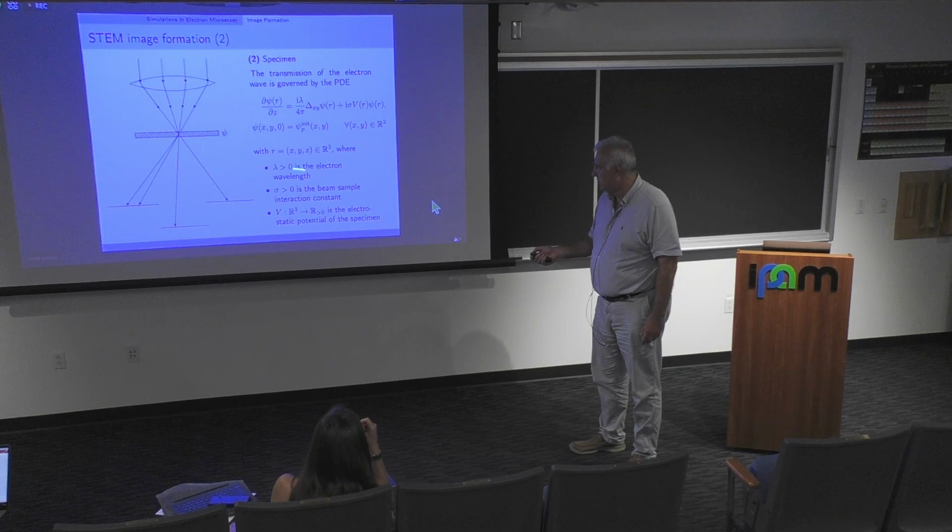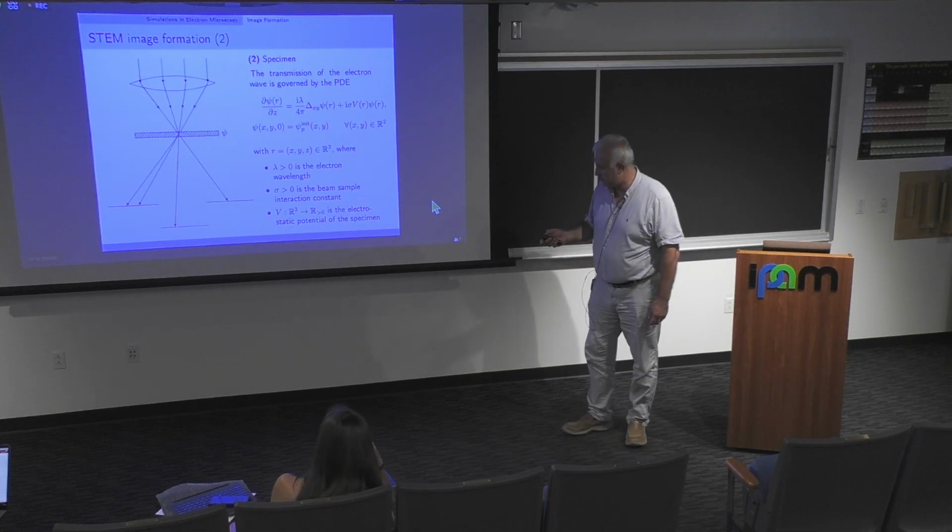Lambda is the electron wavelength here. I, of course, is the imaginary unit. Sigma is the beam-sample interaction constant here, and this is the electrostatic potential of the specimen.